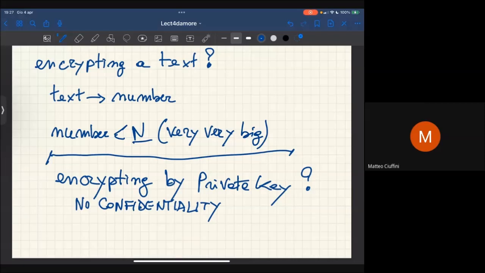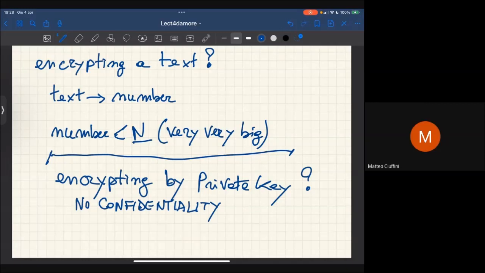Let me repeat. If you decrypt a ciphertext by using a public key, you don't have any confidentiality.